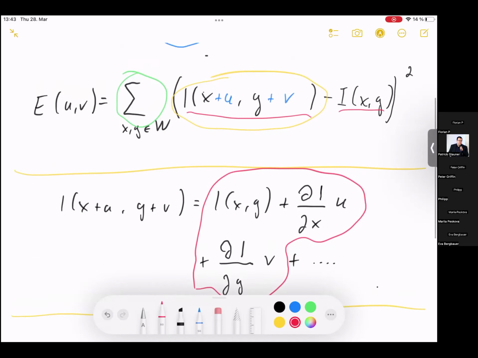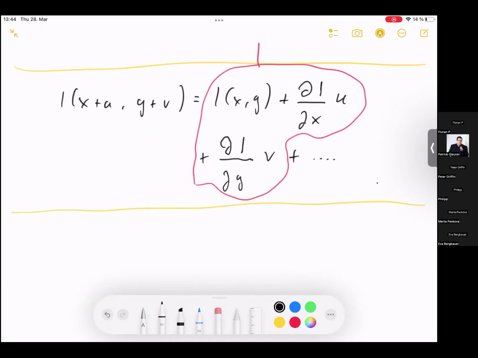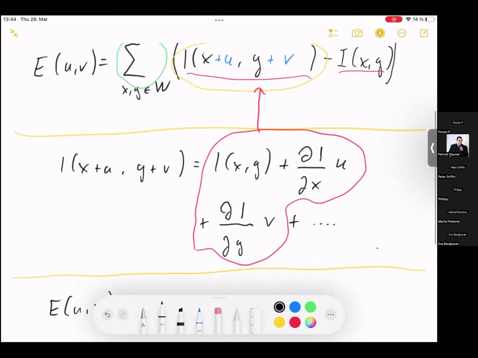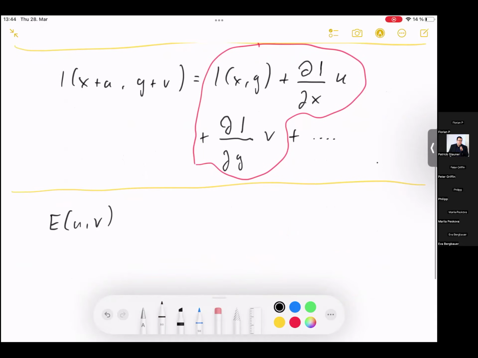And I plug them into where I had the intensity window shifted. I'm going to write this out. So in between, we have this Taylor expansion. And now I can say, well, my error function by shifting along uv is not exactly the sum anymore, but it's approximately a sum where I have x, y in the window.